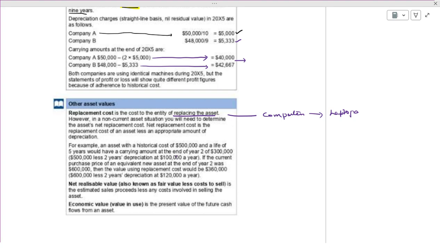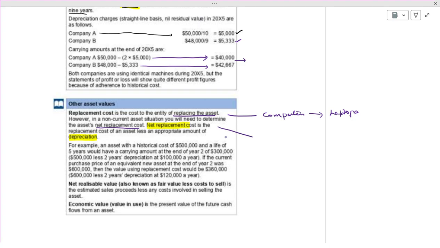However, for a non-current asset, you need to determine the net replacement cost. This is what is important. What is the net replacement cost? It is the replacement cost of an asset less the appropriate amount of depreciation. Always keep it in mind.